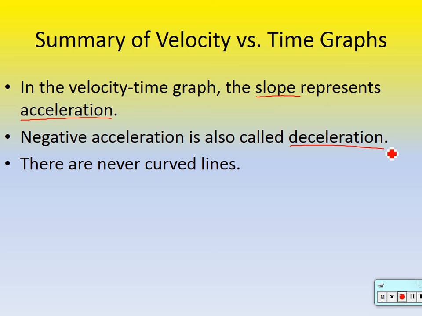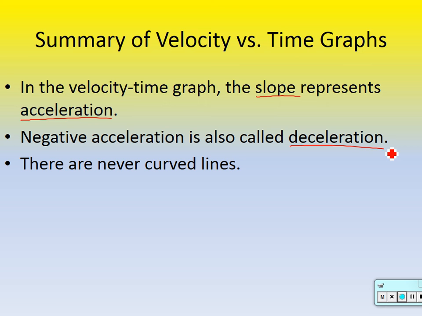The thing to remember about deceleration is it switches your acceleration vector. Whenever you hit the brakes, remember your acceleration gets switched. And also, there are never curved lines. You'll never see a curved line with velocity time graphs. Just straight lines. They can have a slope, but they're going to be straight lines.